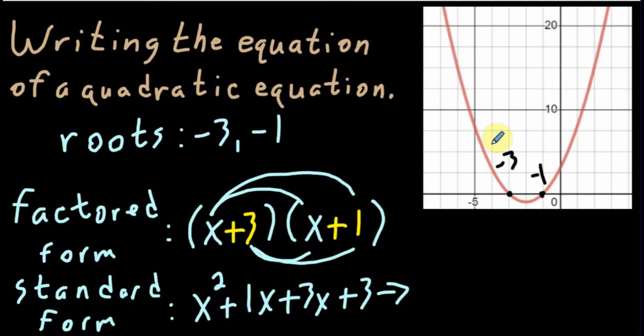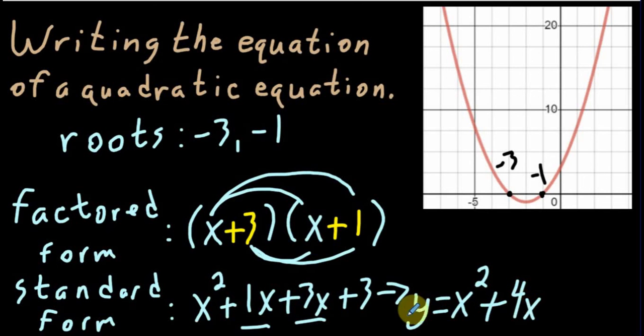So our equation of this curve is going to be y equals, we've got x squared over here. We're going to combine the 1x and the 3x. And then we got a plus 3 tacked on the end.